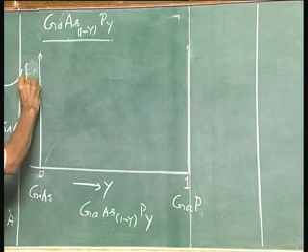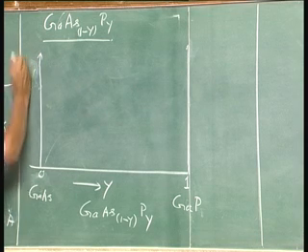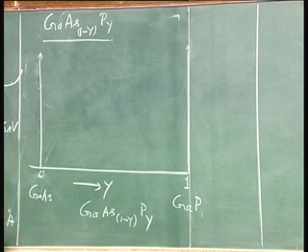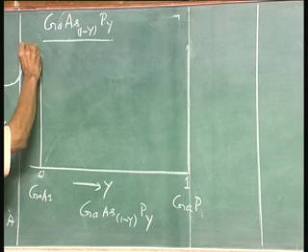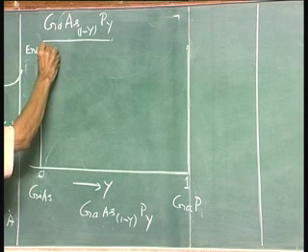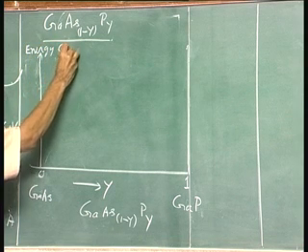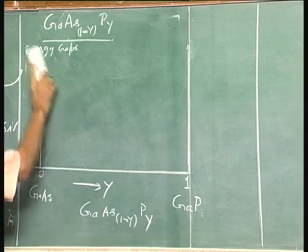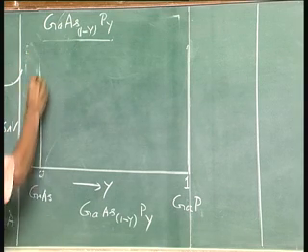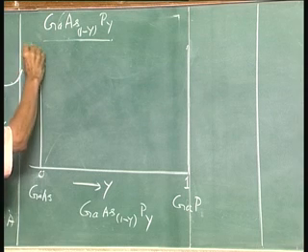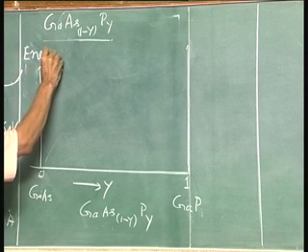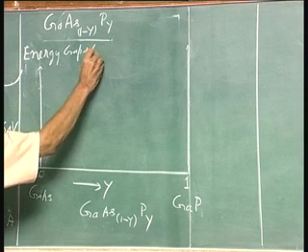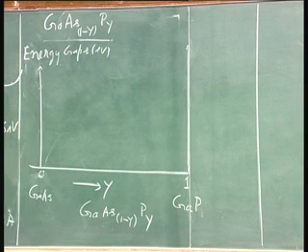Now, you can just put this X here, and you will represent the energy gap E g. Let me put it like this. Energy gaps in electron volts, that is what is put there.